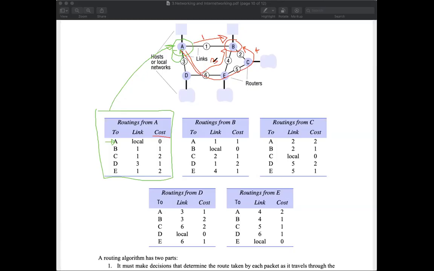Referring to that Bellman-Ford algorithm, it picks the shortest path. So in this case it picks this one. Because of that, from A to B, it refers to link 1, and the cost would be 1, right?